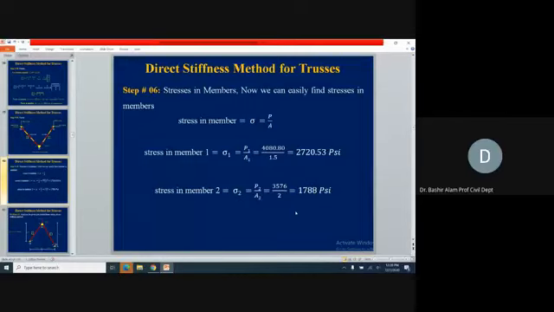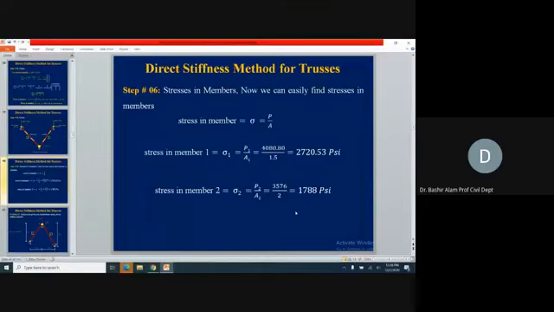Initially, we assume certain dimensions. We size initially on a thumb rule the size of an element and we run the numbers. Forces are coming. Now, we compare the allowable stresses with the stress demand. If the allowable stresses are coming less than the actual demand, we increase the size of the member. Otherwise, we reduce it. And if they are coming right on the money, we keep those sizes.